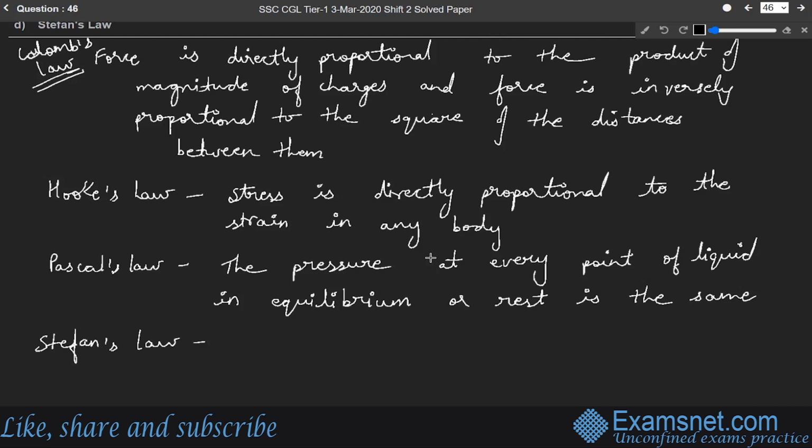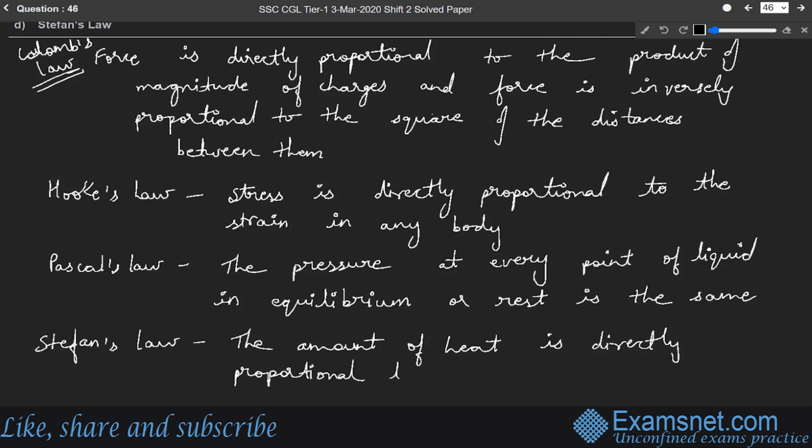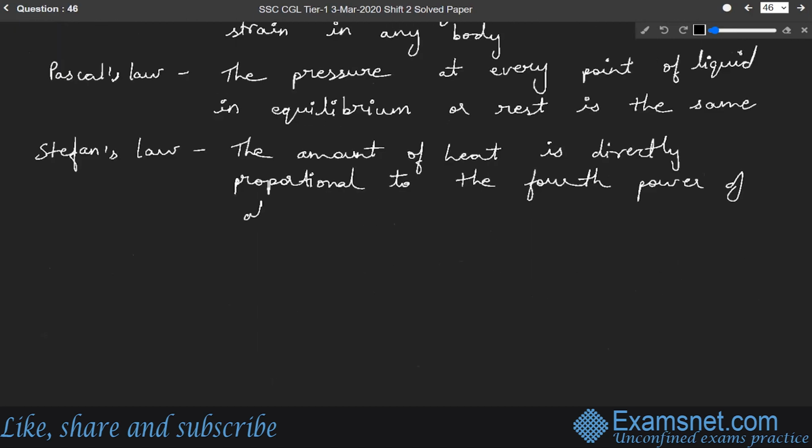According to this law, the amount of heat that is radiated by a unit area of a surface in 1 second is directly proportional to the fourth power of the absolute temperature of the body.